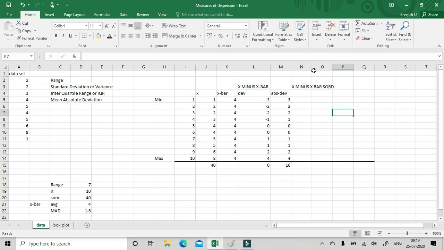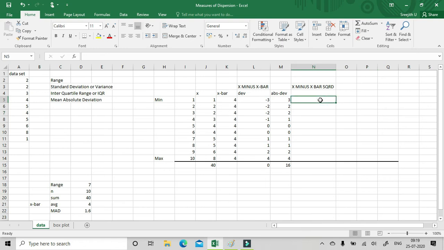Let's square this. Minus 3 squared is 9, minus 2 squared is 4, minus 2 squared is again 4, 1 squared is 1, 0 squared is 0, 0, 1 squared is 1, 1 squared is 1 again, 2 squared is 4, 4 squared is 16.